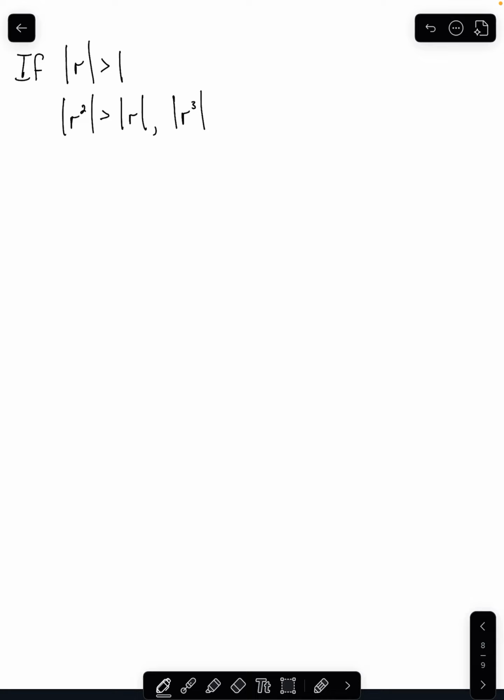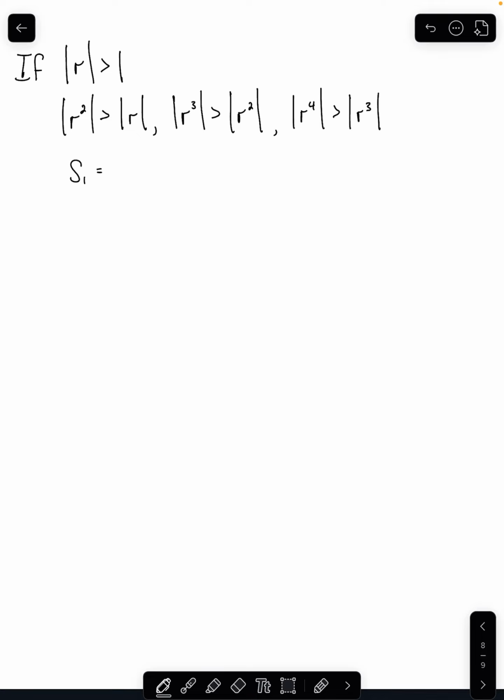And then if we multiply by another r, that will be bigger still. The idea then is that each new term is larger in magnitude than the term before it. And if we continue to add numbers that are larger in magnitude than the one before it, we get an ever increasing sum.